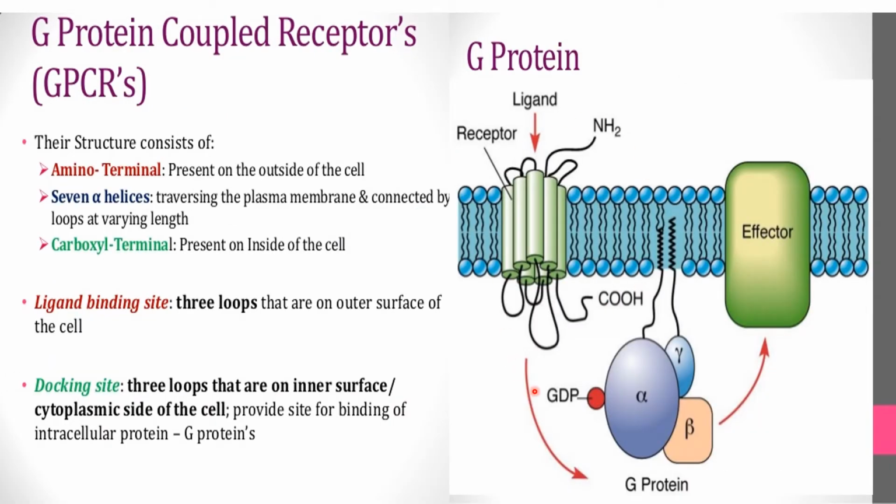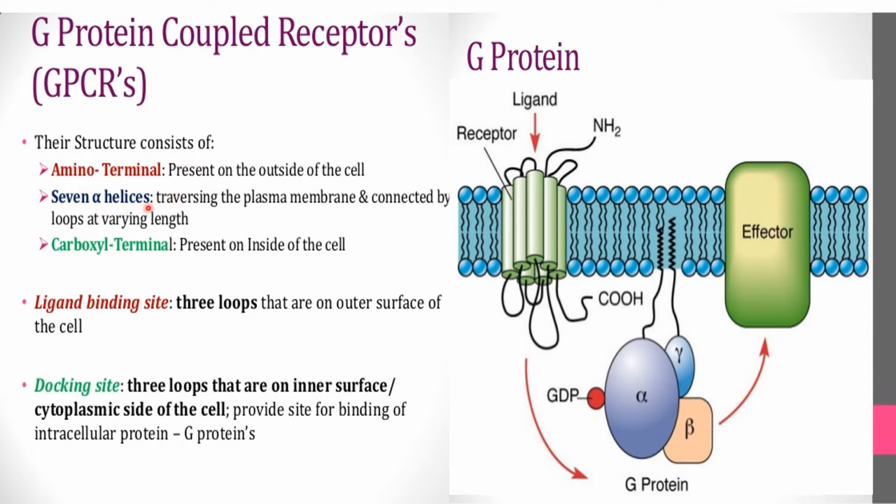Here the structure of the G protein coupled receptors is shown. This is the receptor. The G protein coupled receptor has 7 helices, and these helices have their amino terminal outside the surface, while the carboxy terminal is within the cell cytoplasm surface.